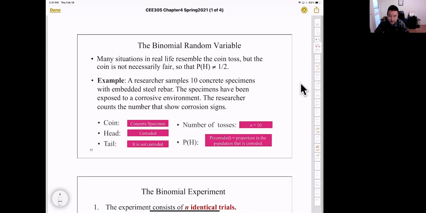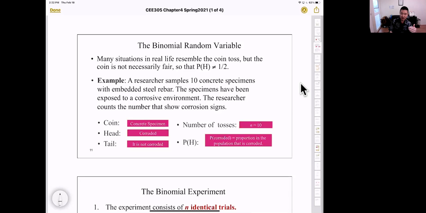You're going to learn how to design reinforced steel, and then learn about concrete materials in future classes. Here we have 10 reinforced concrete specimens, and because the specimens are exposed to a corrosive environment, the steel may be corroded. The researchers count the number that show corrosion signs.